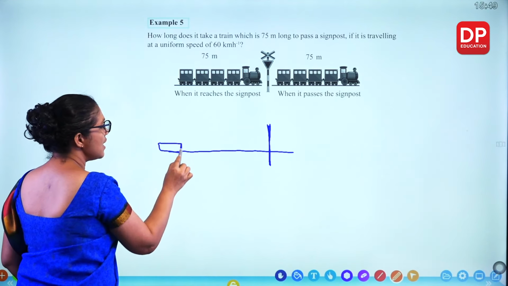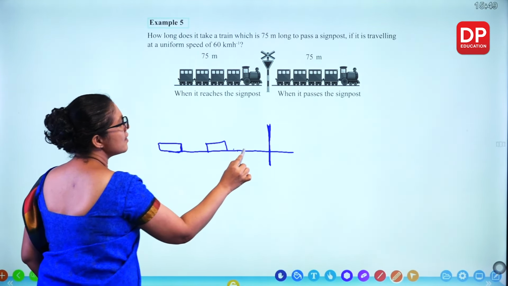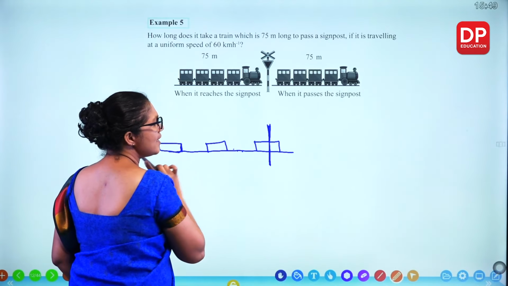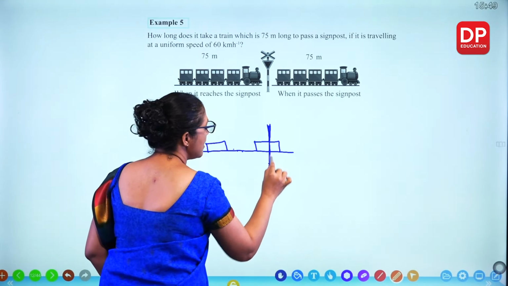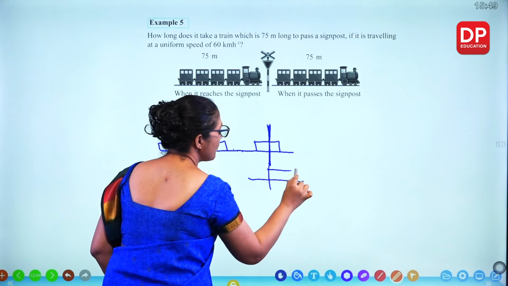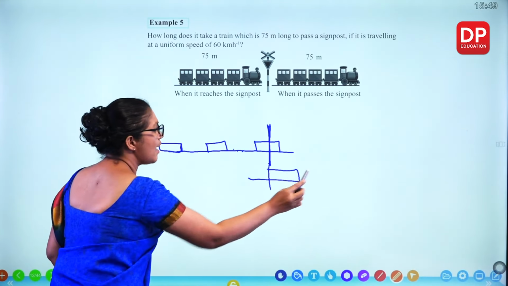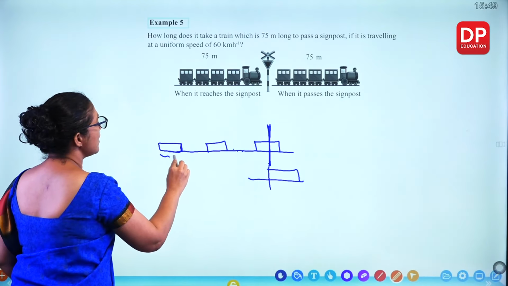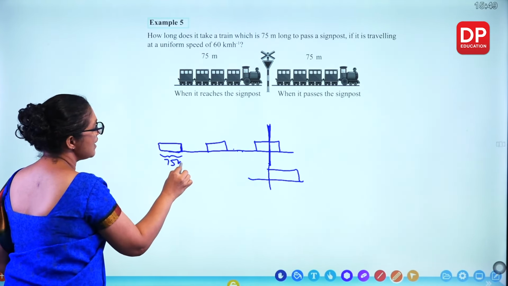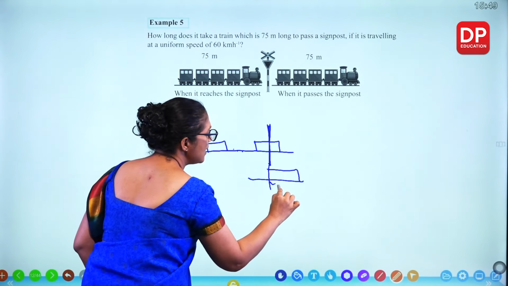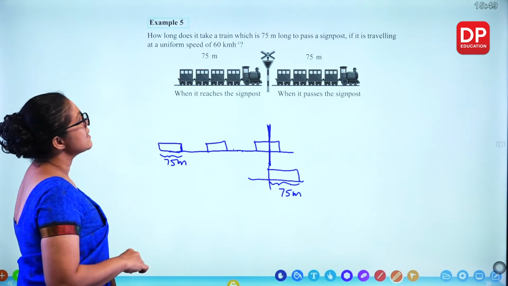So think about, this is the front side. When it's moving like this, it is not still passing. So the train needs to go here. The full length should be on the other side. So if this is a 75-meter long train, that means this distance should be 75 meters.